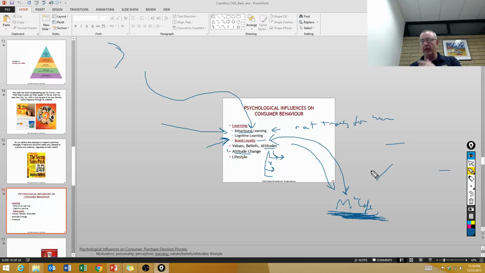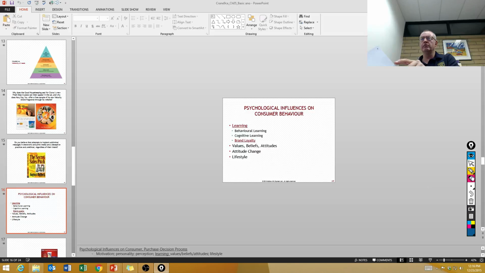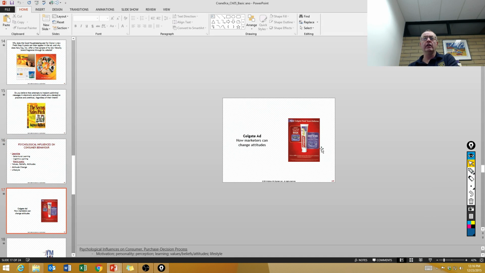There's an example of that in the book of a toothpaste company, Colgate, which started highlighting the gum fighting disease aspect of their toothpaste.